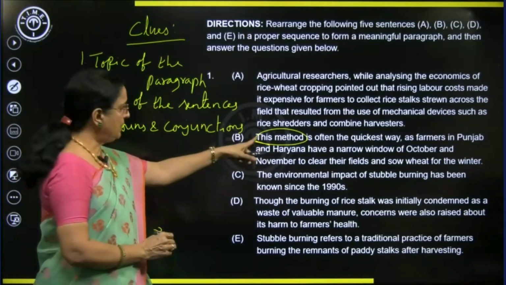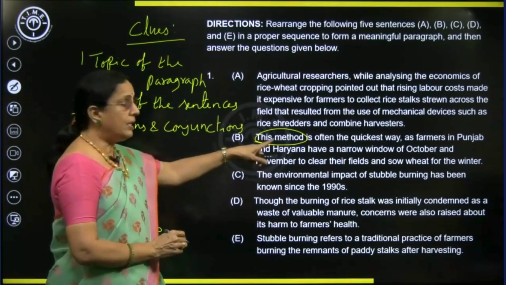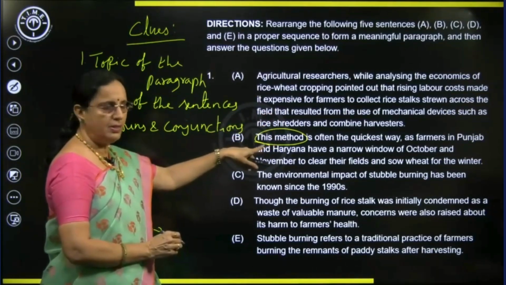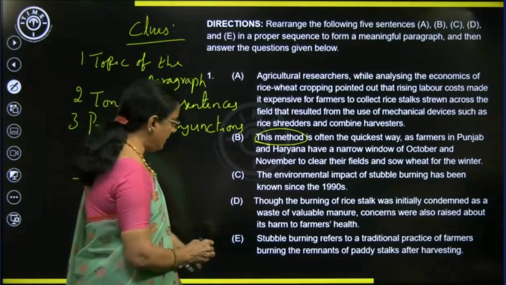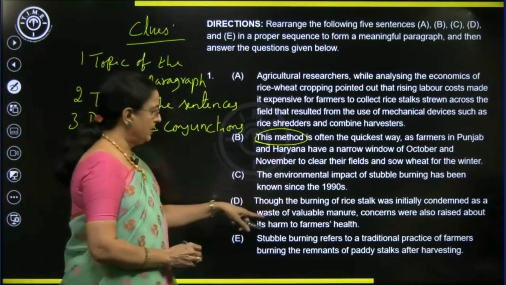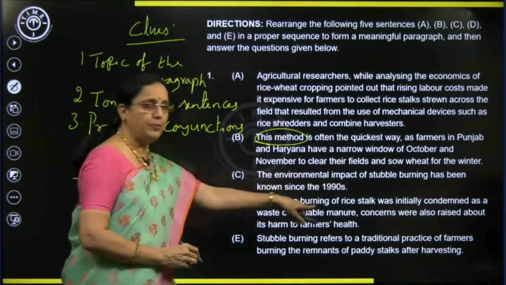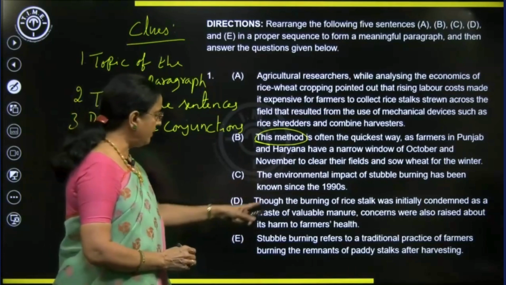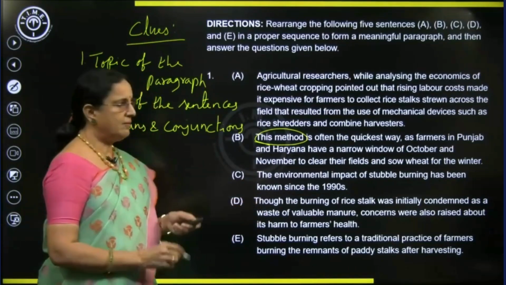The moment you see "this method", you know that the method is preceding this particular statement. Understood? And then if you look at this one, "though" is used to join one positive and one negative idea, so the preceding one may be positive or negative accordingly. Let's see.